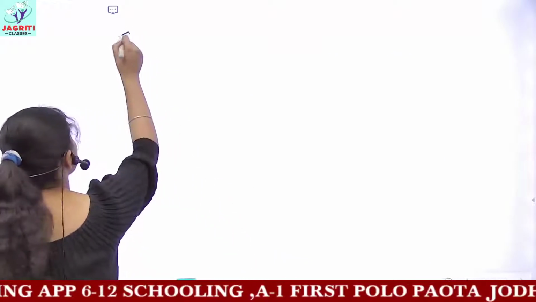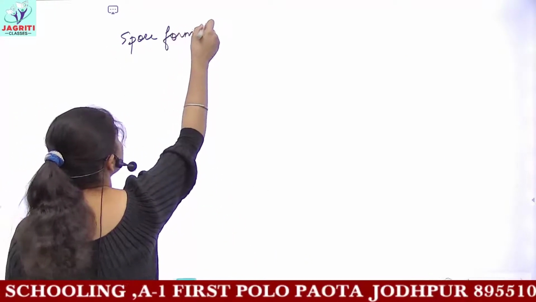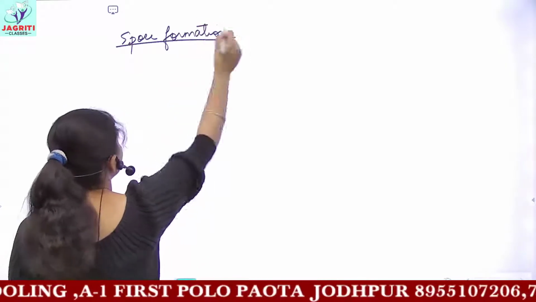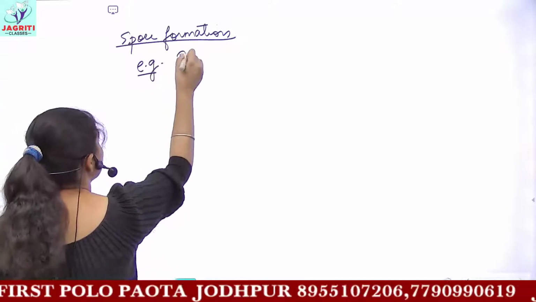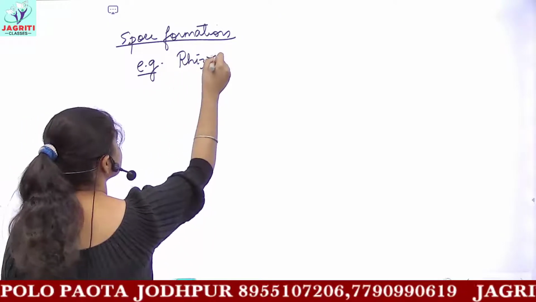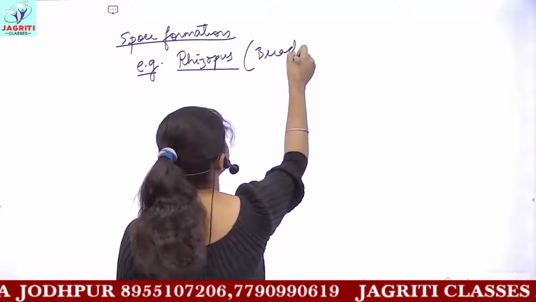Then the next heading given in your books is spore formation, reproduction by the method of spore formation. And the common example is Rhizopus. It is also known as bread mold.